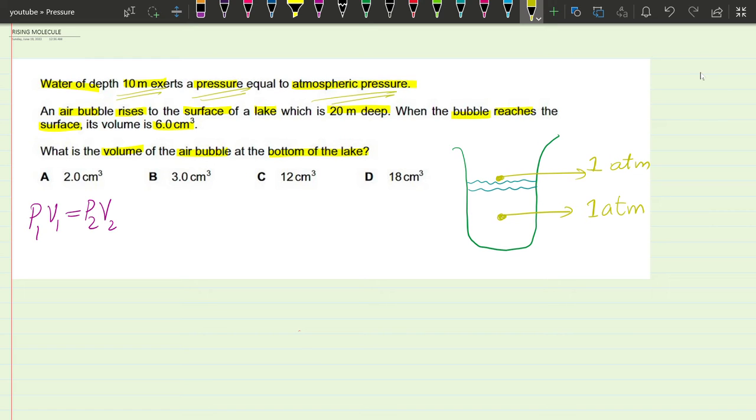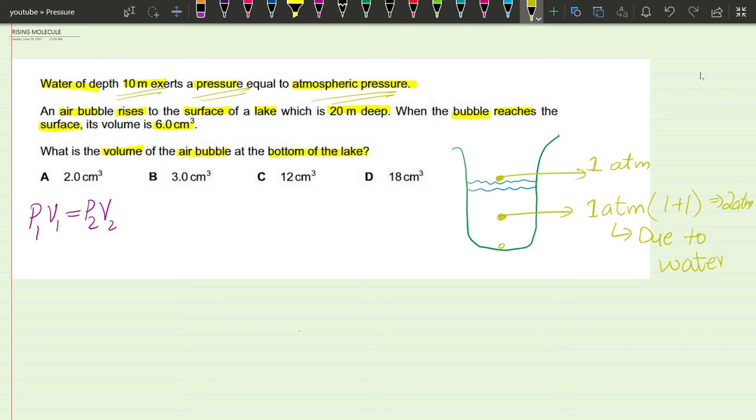But it is not only experiencing the total pressure of 1 atm. 1 atm is due to the water, and 1 atm is because of the atmosphere. It means the total is 1 plus 1 is equal to 2 atm. But due to the water it is only 1 atm.